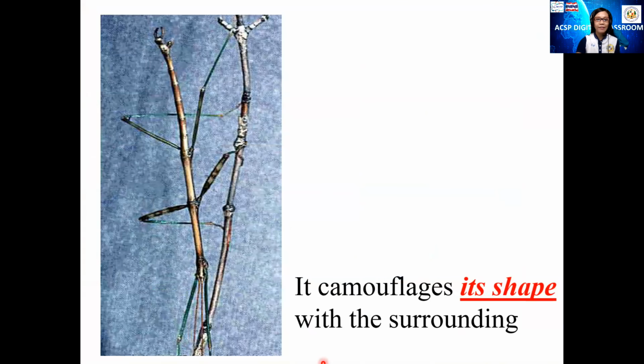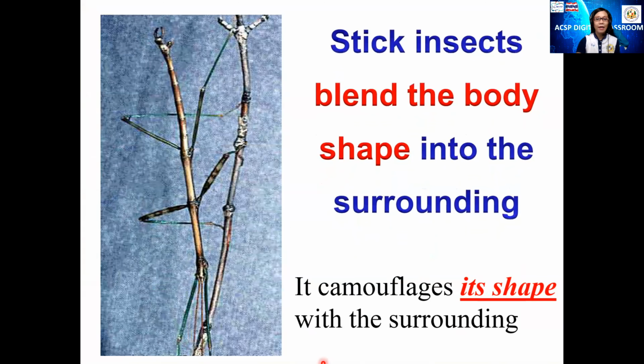This one is another type of camouflage, but it blends the body shape, not the color, into the surroundings. So there are two types of camouflage: blending the color and blending the body shape into the surroundings.